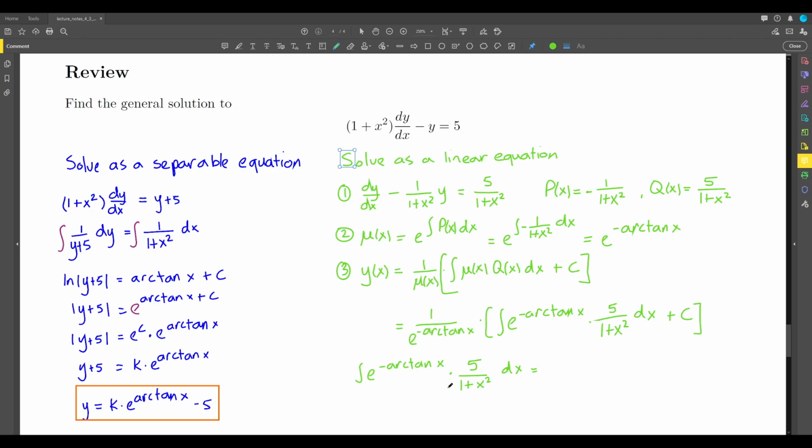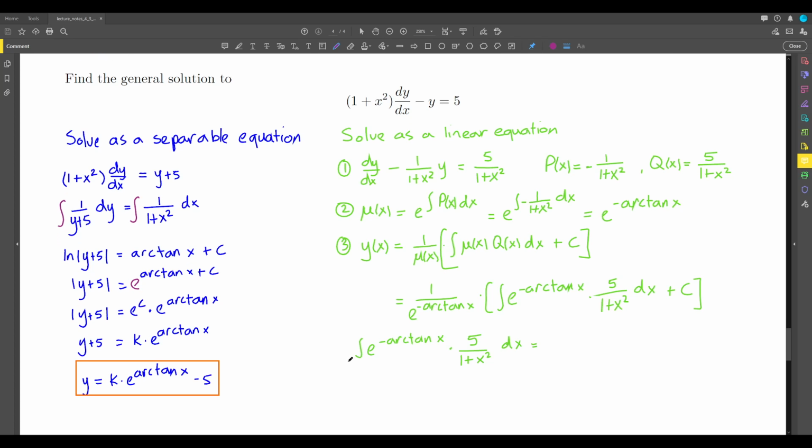Now, the derivative of arctan is 1/(1 + x²), so it seems like a u substitution would work here. And so let's try a u substitution.